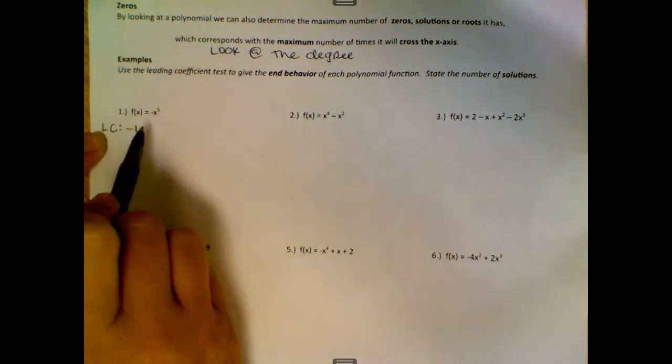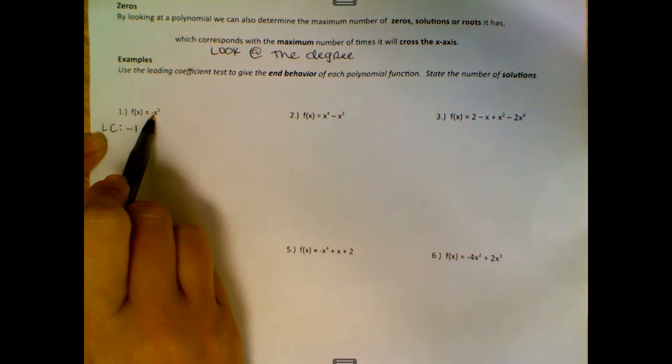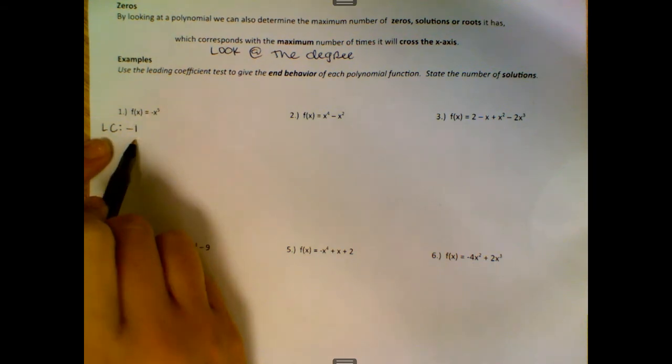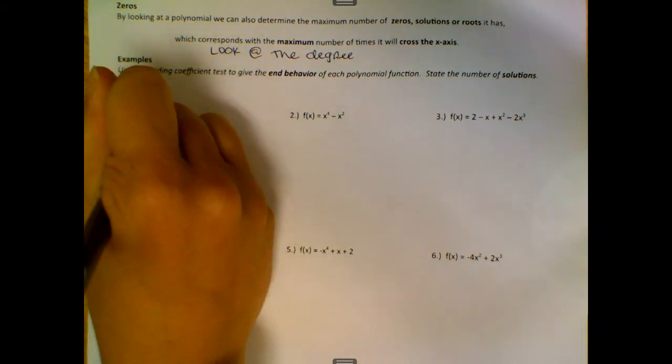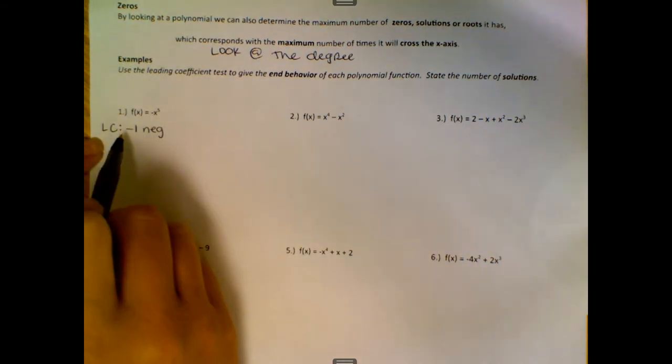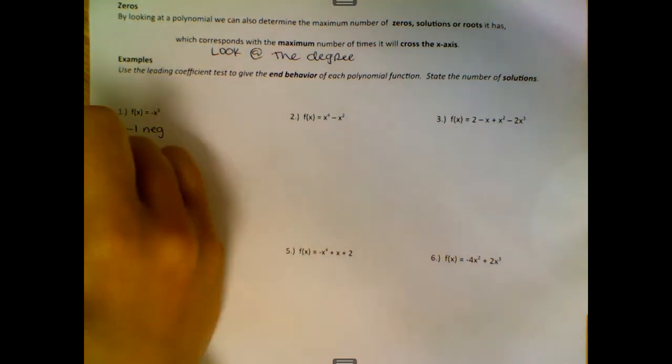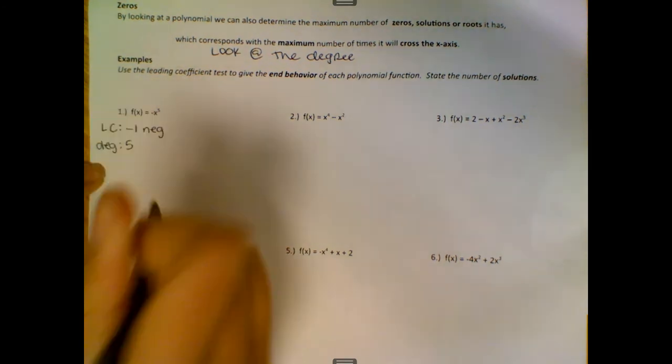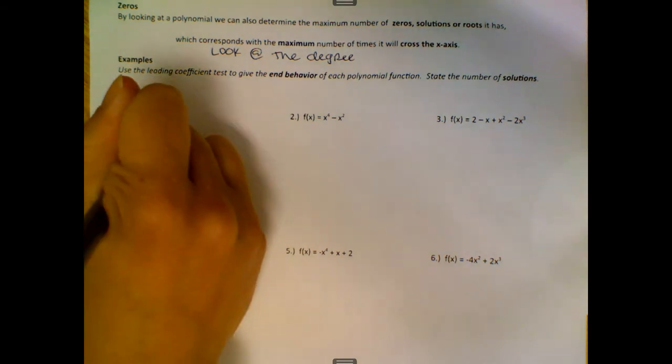So in this case, the lead coefficient is -1. That lead coefficient itself is negative. Then you're going to look at the degree of the polynomial. The degree is 5. 5 is an odd number.